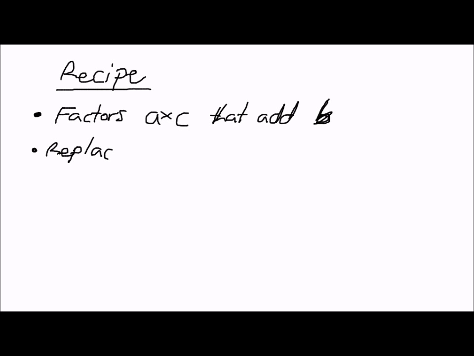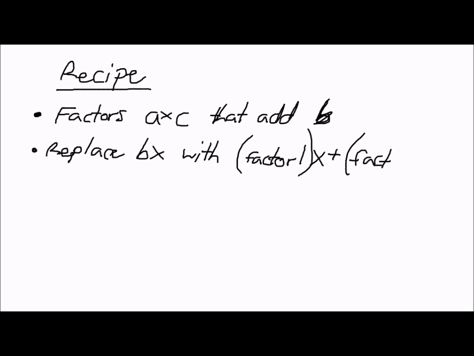So let's just say replace the bx with, and we're going to use those factors used in step 1, factor 1 times x plus or minus factor 2 times x. So replace the middle term, and final step, factor by grouping.